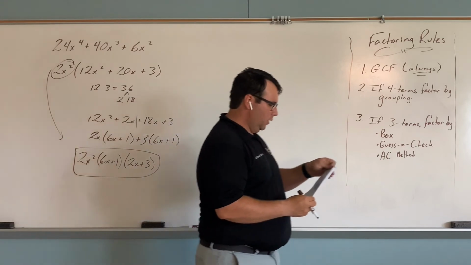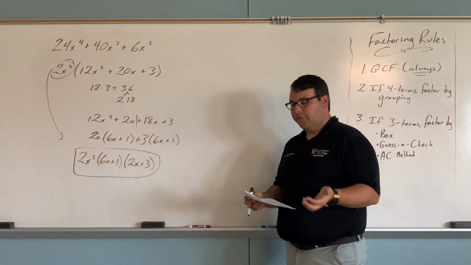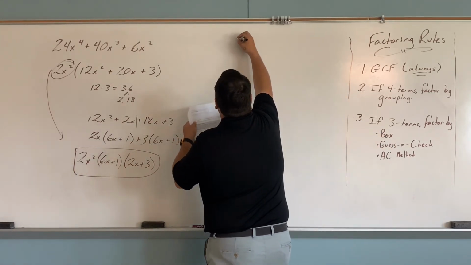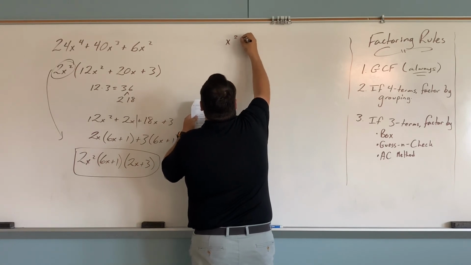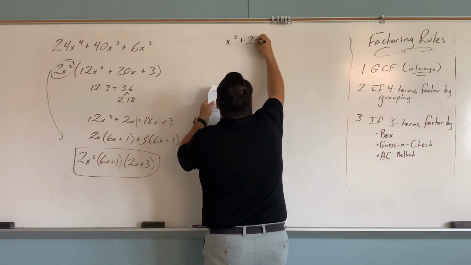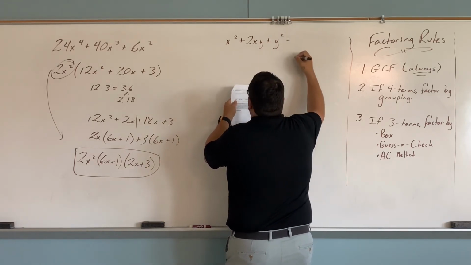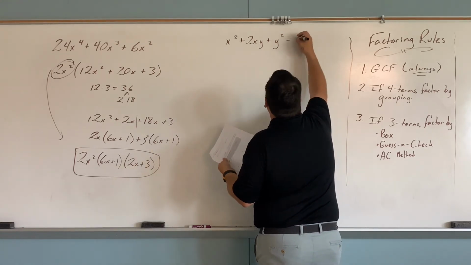Now, there are a couple other situations which are known as perfect square trinomials. Perfect square trinomials have definitions, and you've already seen these definitions, actually. So you might remember from a few lectures back, we talked about two identical binomials being multiplied.